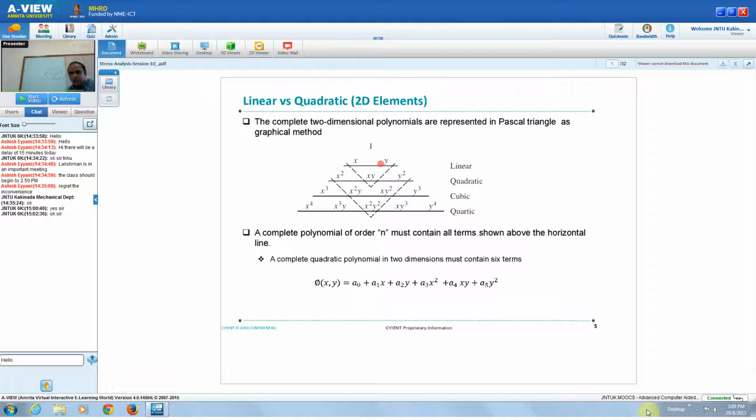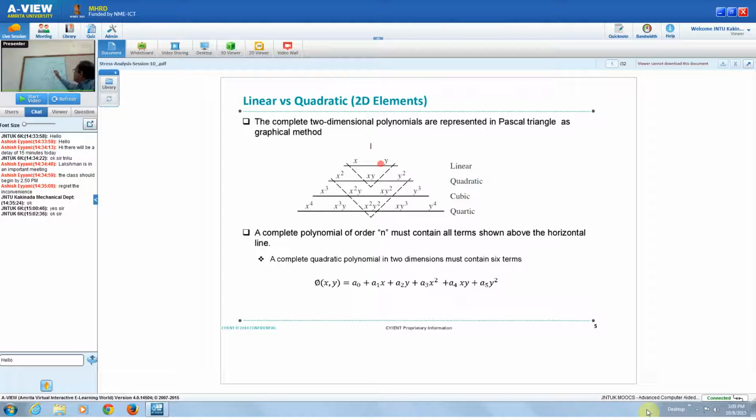I want a complete linear polynomial for a 2D element. So the 2D linear element comes to this one, complete linear. Now I want a complete quadratic, so this one will be the quadratic. That is the basic difference.